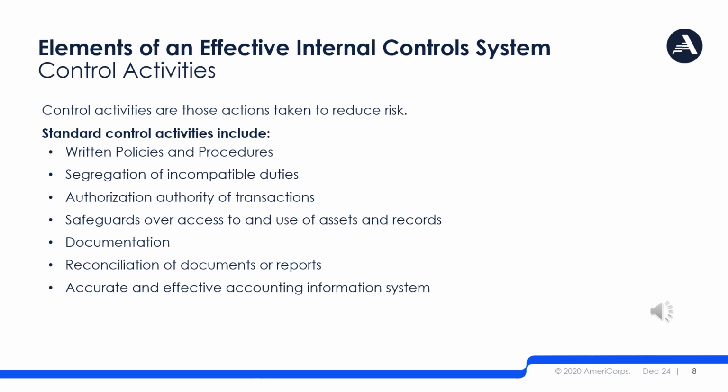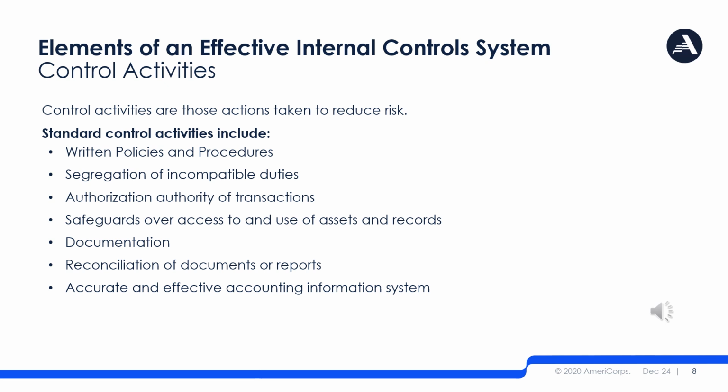Control activities are the policies, procedures, and mechanisms in place that reduce risk. In other words, control activities are actions taken to minimize risk. Standard control activities include written policies and procedures, for example, your NSCHC policies or your timekeeping policies.